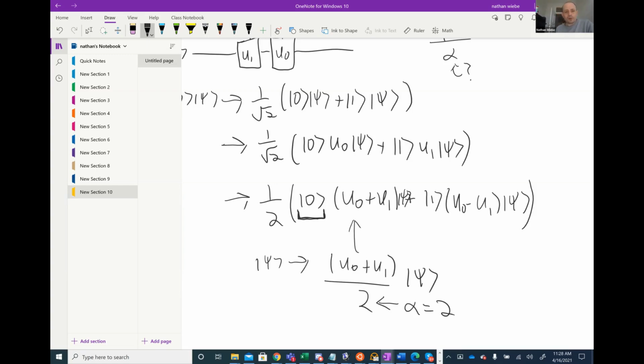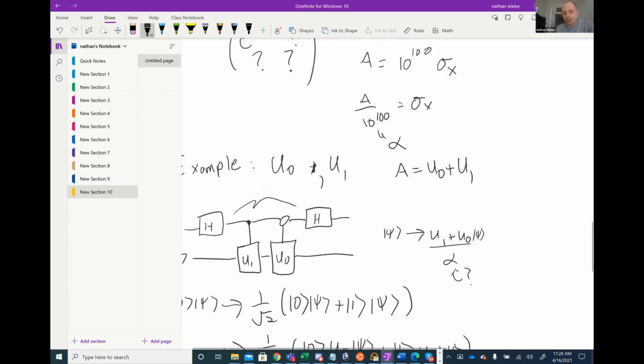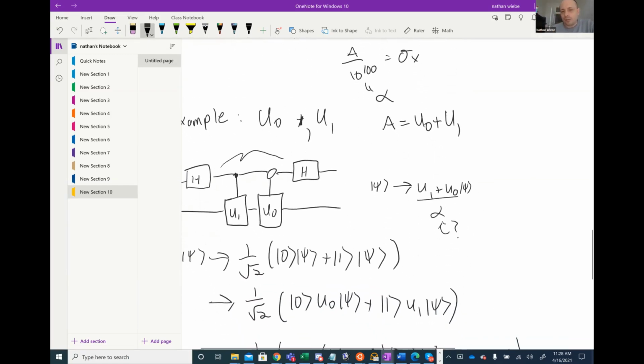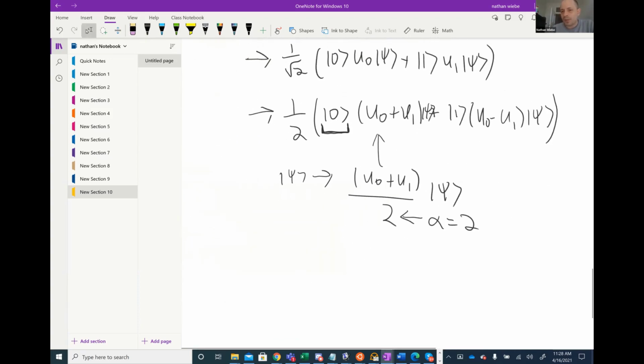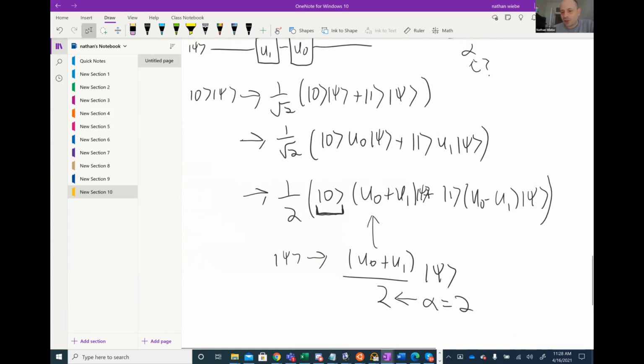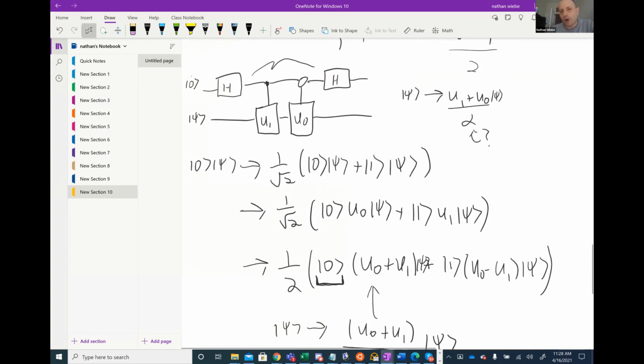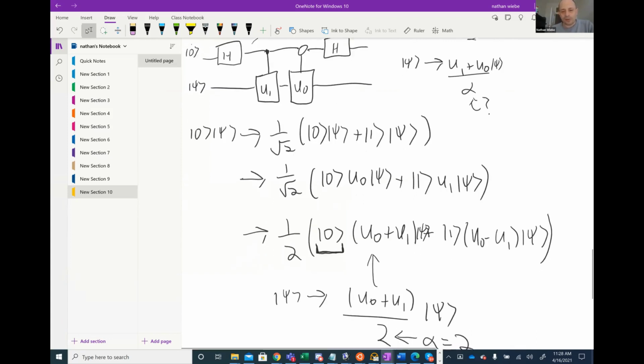Now, this isn't terribly surprising because if we take a look at the coefficients, in order to normalize this matrix and make its length at most 1, we would need to divide by 2 in the most extreme possible case. And we'll see that there's actually some method to this madness. In general, this value of alpha is always going to be equal to the sum of the absolute values of the coefficients.